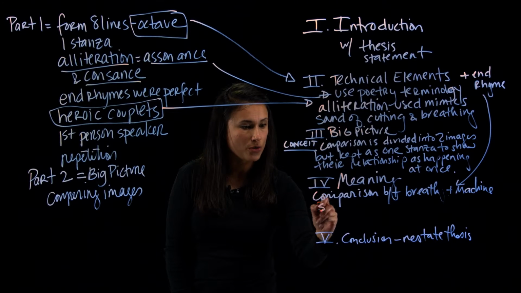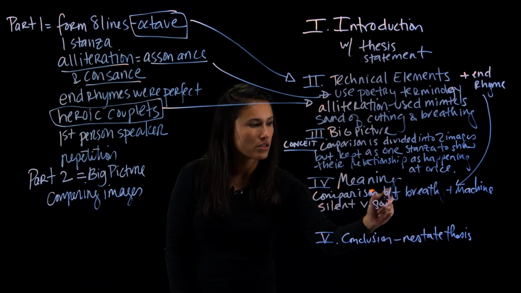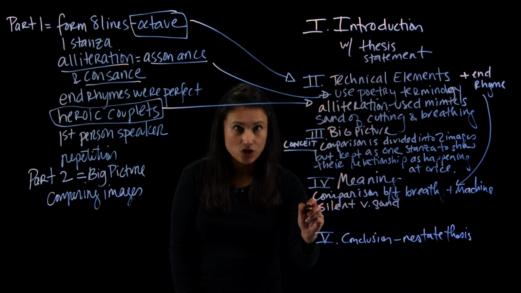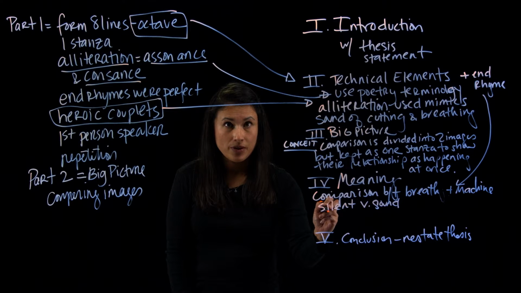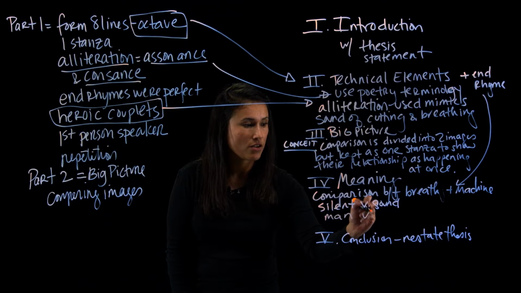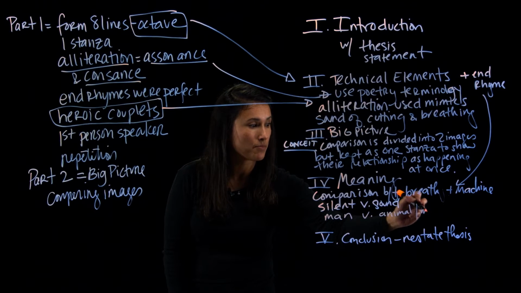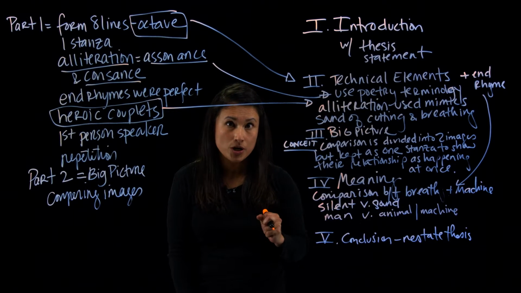So here you're going to show that it's silent versus sound. Remember the silent swinging and the squealing mouse? You're also going to show the comparison between man, who is silent, versus the animal / machine. That is in the second part.